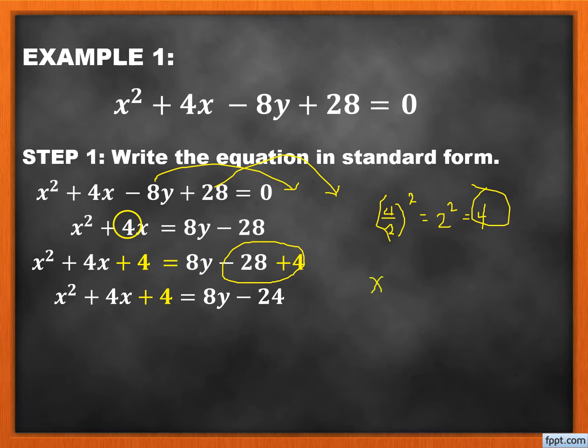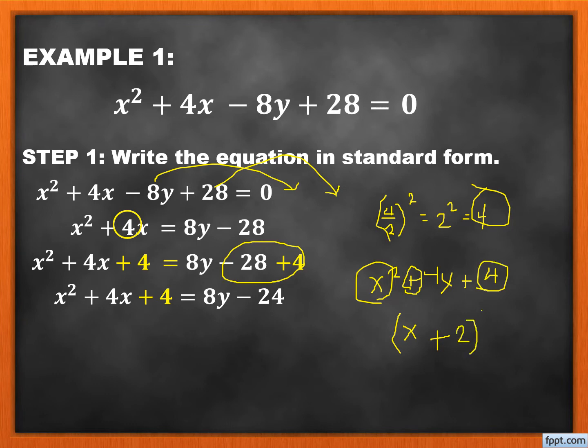For x squared plus 4x plus 4, we're just going to get the factors by first getting the square root of x squared, which is x, then get the sign of the middle term, which is plus, and get the square root of the last term, which is 2.